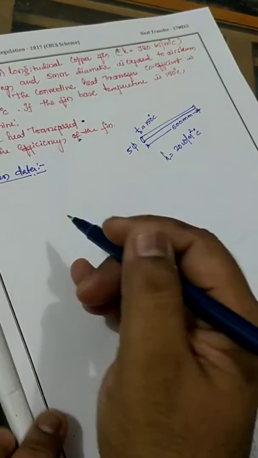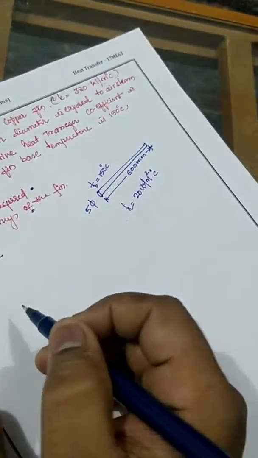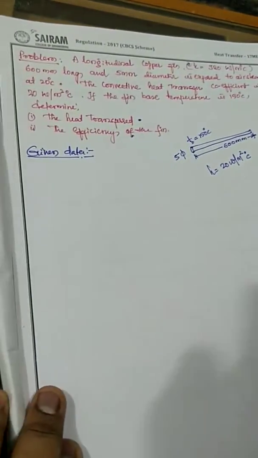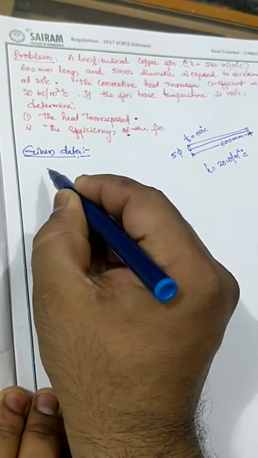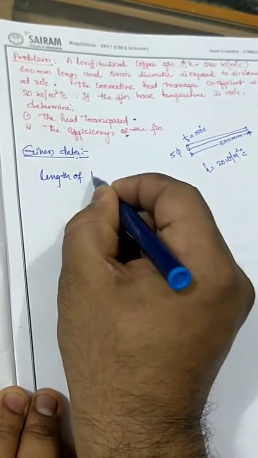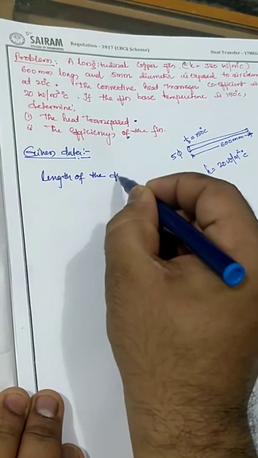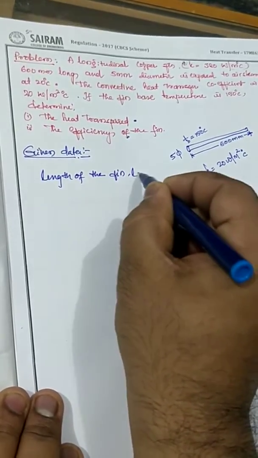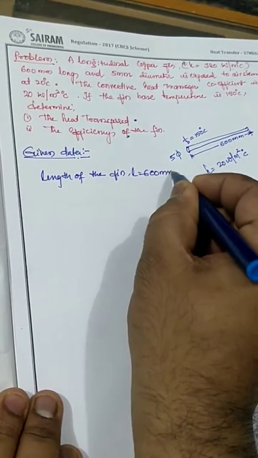So we'll write it clearly, what are the things they have given. Length of the fin is given, that is L is equal to 600 mm.